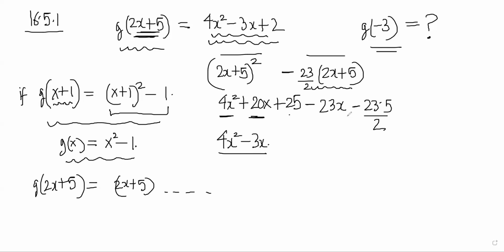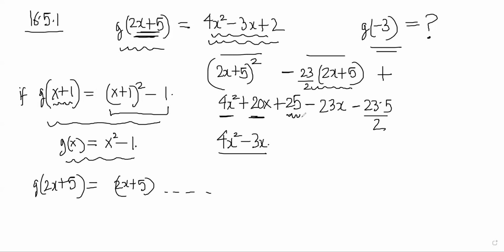Only the constant term so far is not correct. Do you understand what I'm saying? The constant term is not correct, so we'll just add whatever appropriate constant. We need to have a plus 2 at the end.